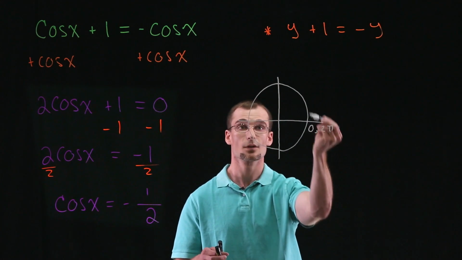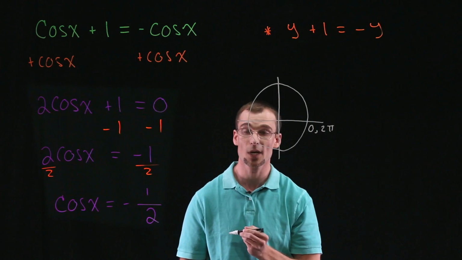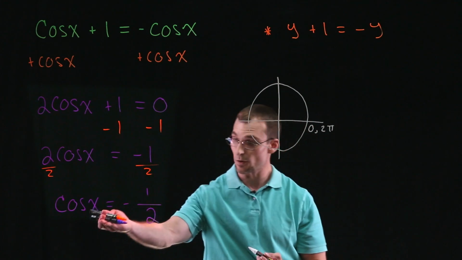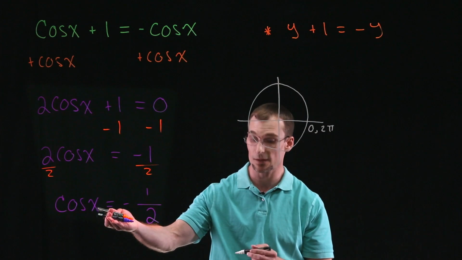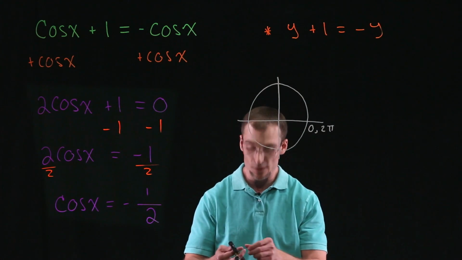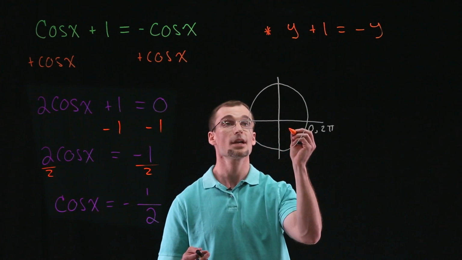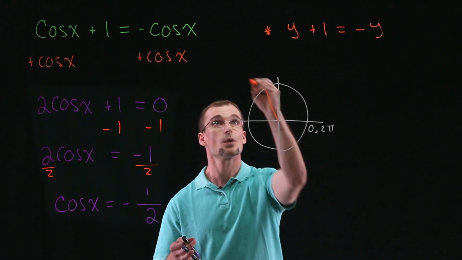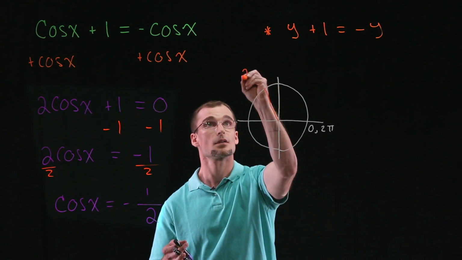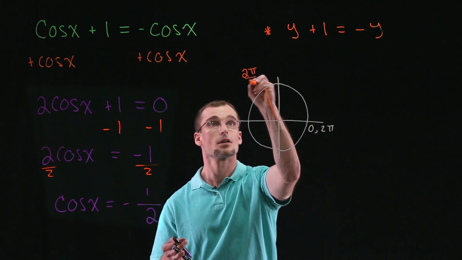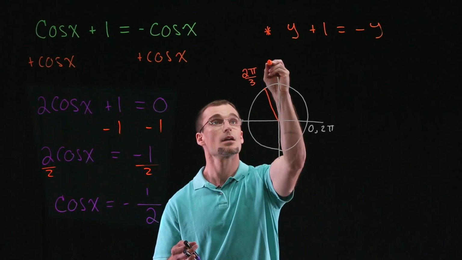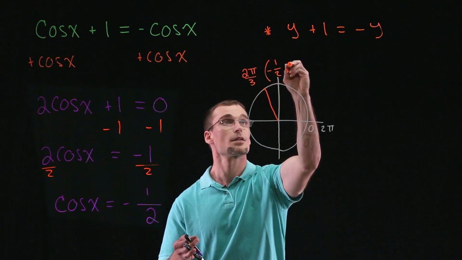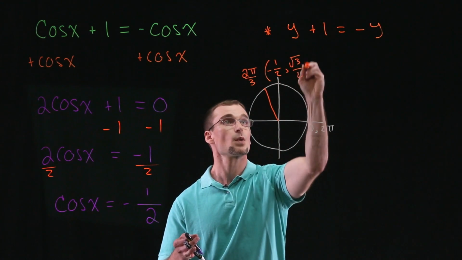Starting with our origin 0, going all the way around 2 pi, and ask ourselves, or do a little bit of review, what values or angles give us cosine values equal to negative 1/2? And if we think of that, well, cosine equal to negative 1/2, we know one of the angles is 2 pi over 3, where the point is negative 1/2, positive square root of 3 over 2.